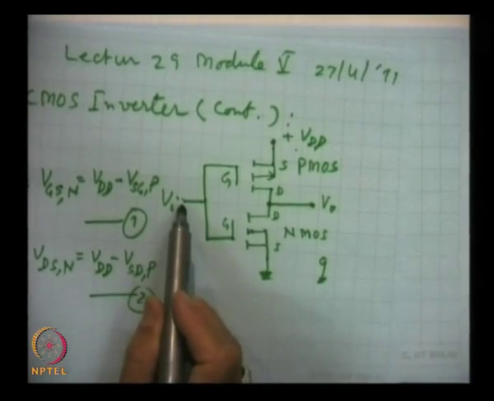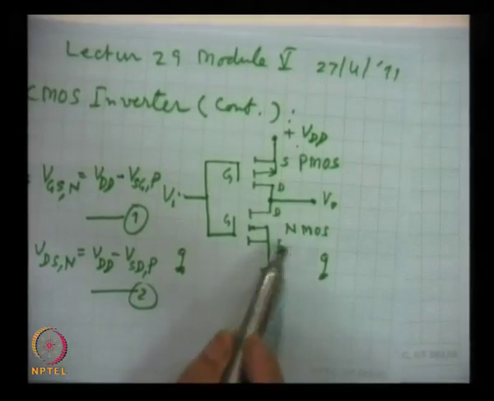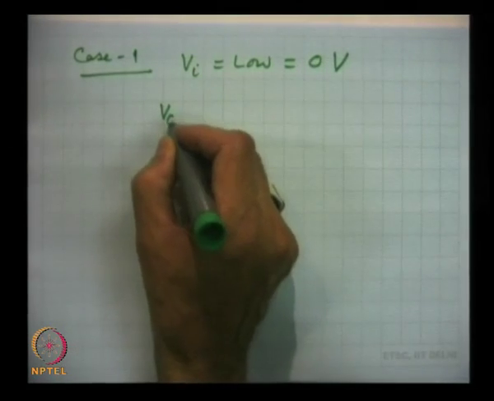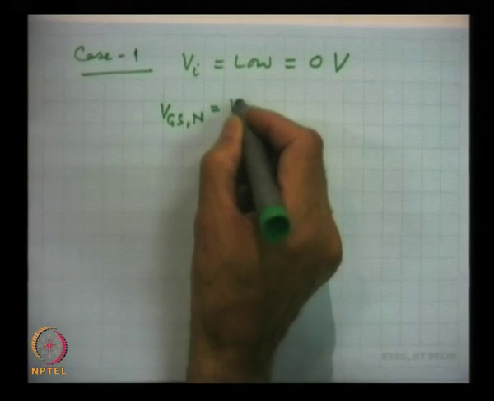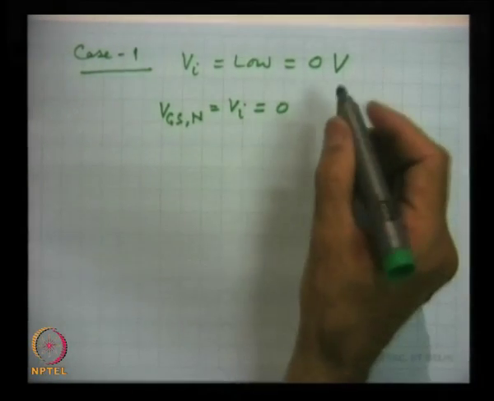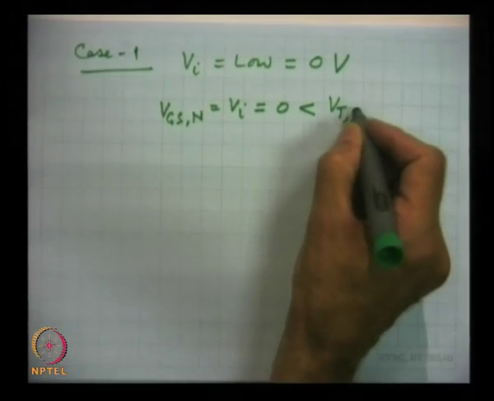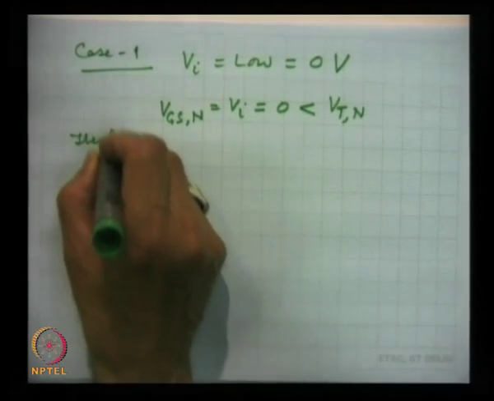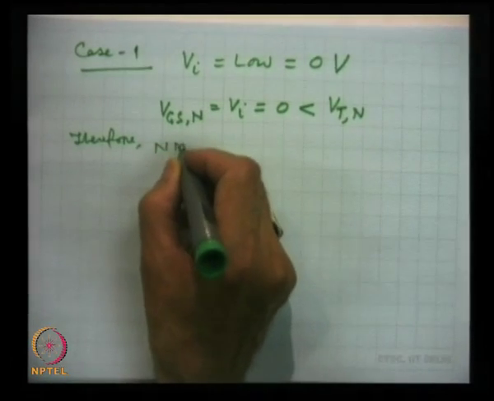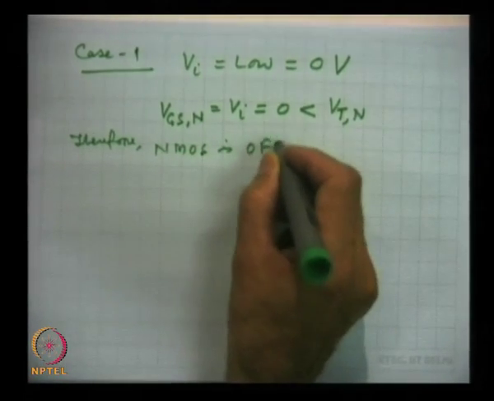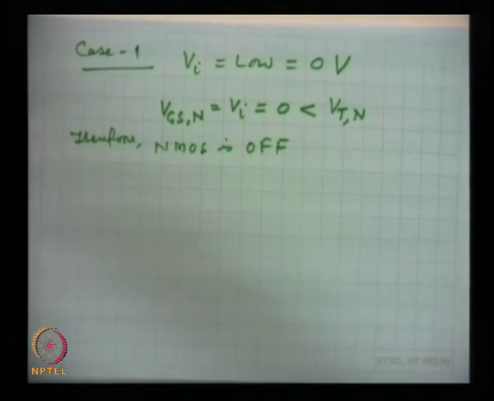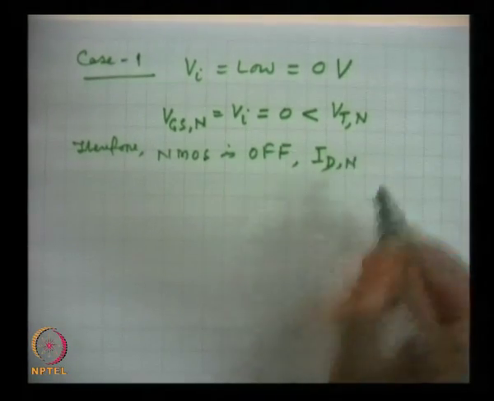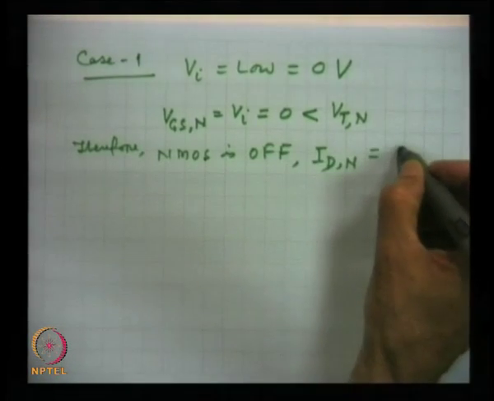When this voltage is low, that means this NMOS will be off, because in this case VGSN is equal to Vi, which is 0, and so obviously it is less than the threshold voltage required for the NMOS, and hence NMOS is in off state, and when the transistor is off, obviously the drain current IDN in the NMOS is equal to 0.